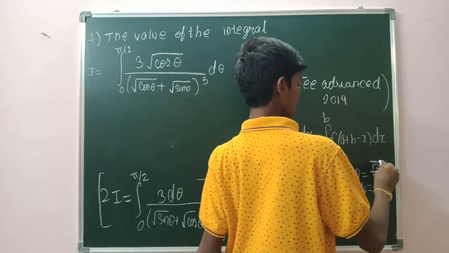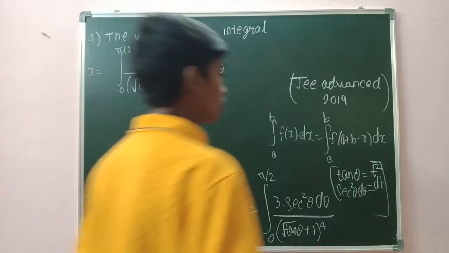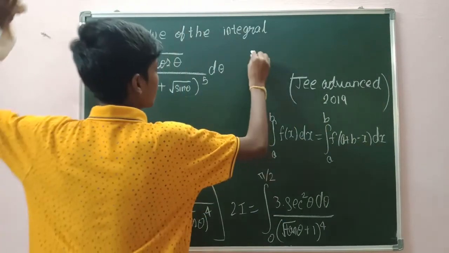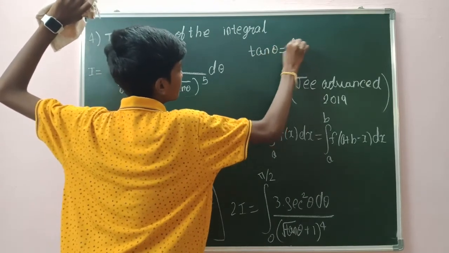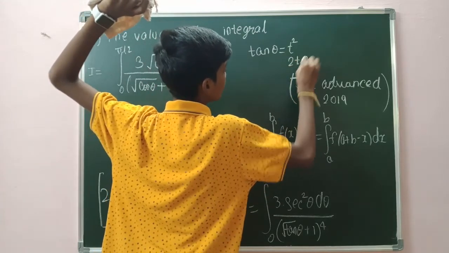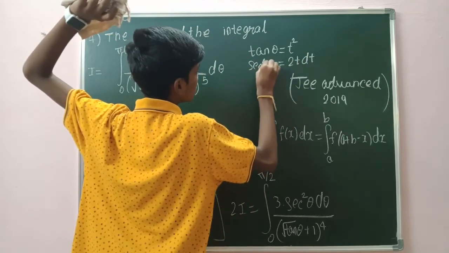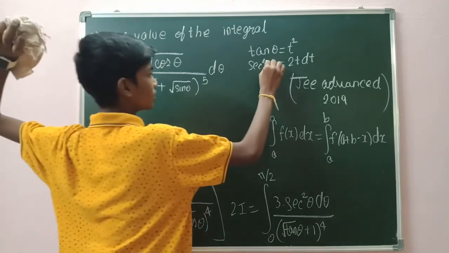I'm going to take tanθ as t². When you take tanθ as t², differentiating both sides, sec²θ dθ will be equal to 2t dt. I need to correct this.